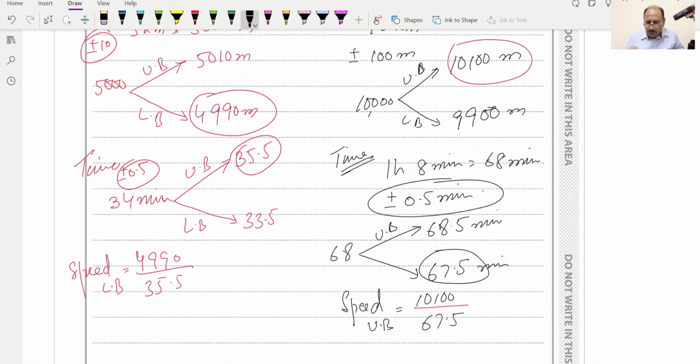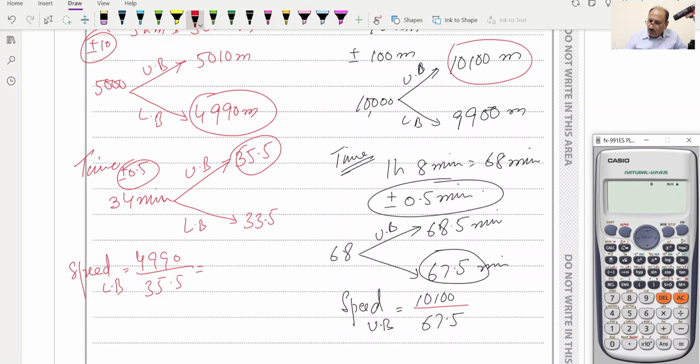So we write the answer for this: 4990 divided by 35.5 is equal to 140.56.